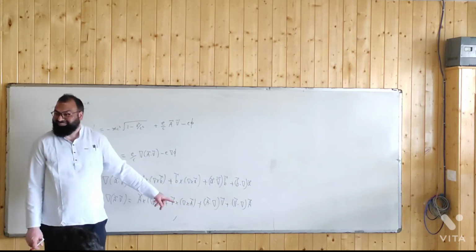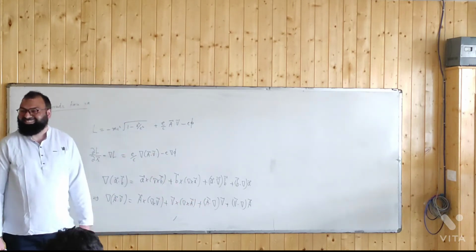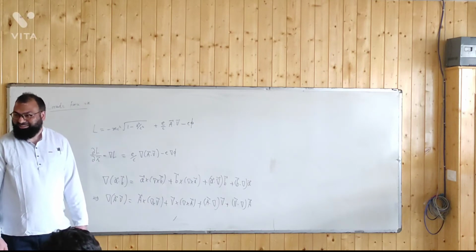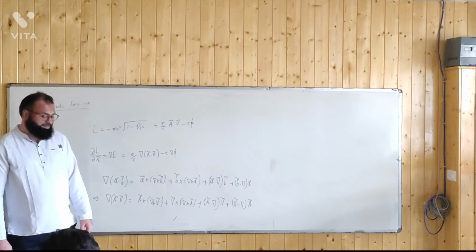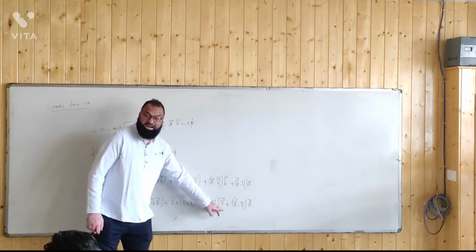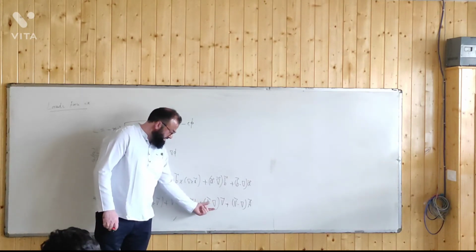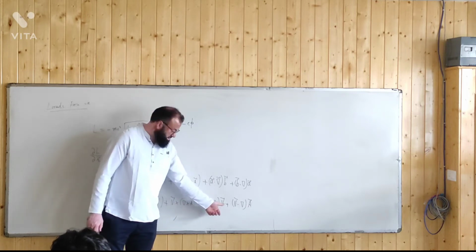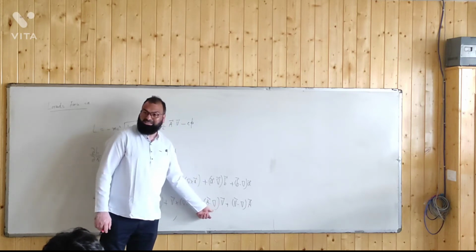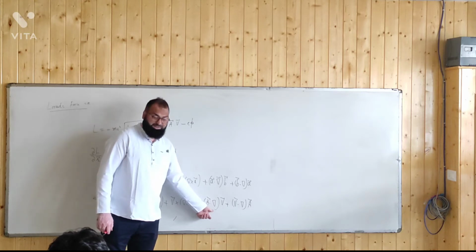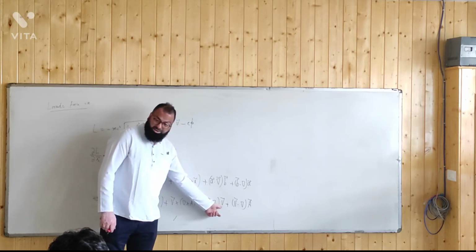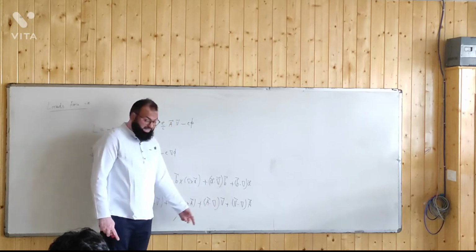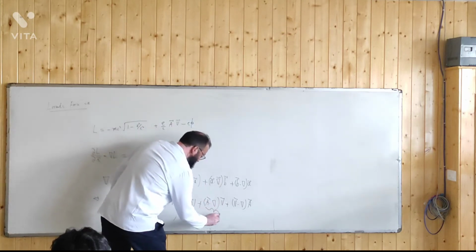You have to justify. V does not have an explicit R dependence. So this is simply the differentiation of V with respect to the coordinate. Since V does not have coordinate dependence explicitly, its differentiation is equal to 0, so this object is equal to 0.